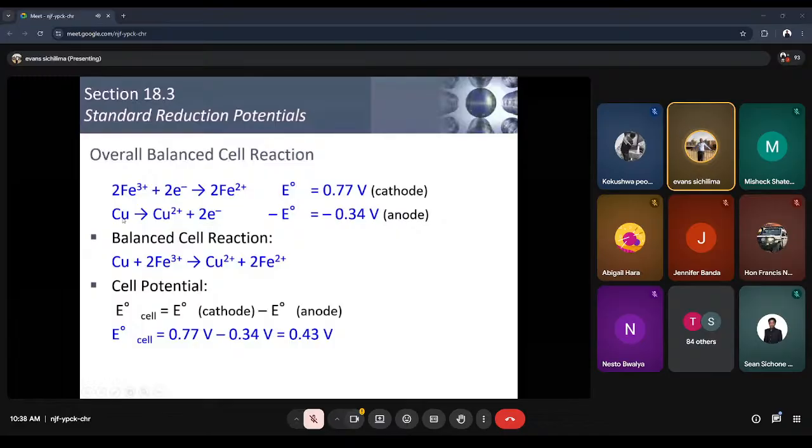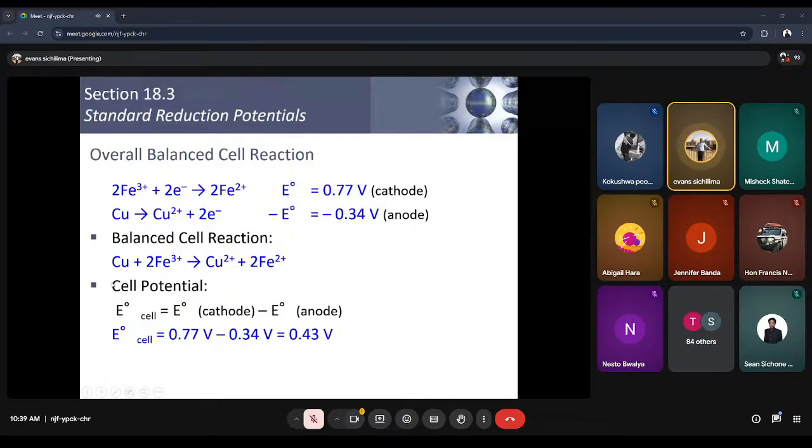It is the opposite. Here it was gaining, that's why it has a positive value. Here it was losing electrons, so we have changed the sign to become negative. So a balanced cell reaction, therefore, will be that copper plus 2 iron 3 plus will give copper 2 plus 2 iron 2 plus.